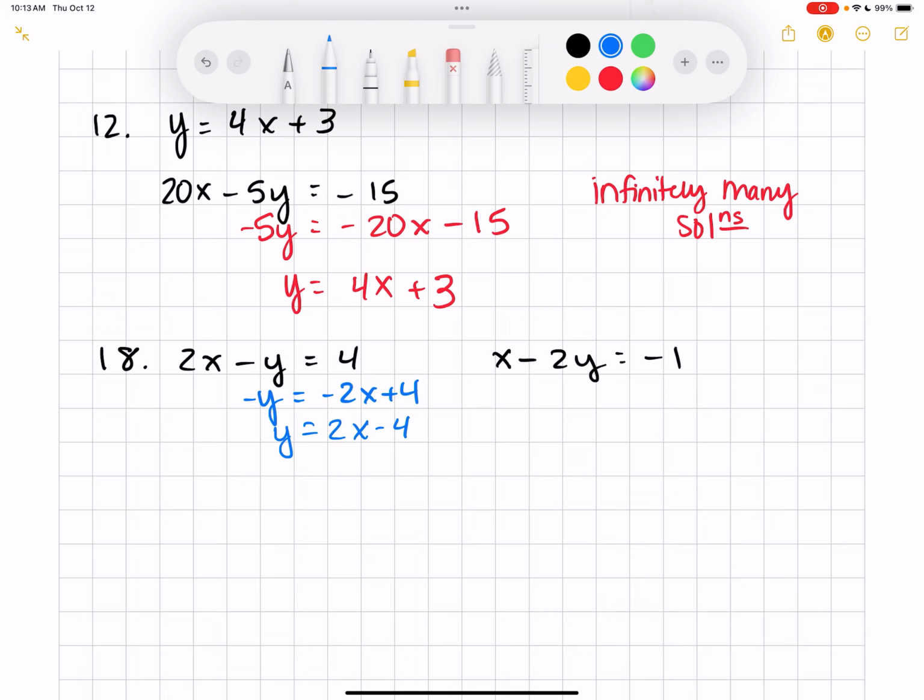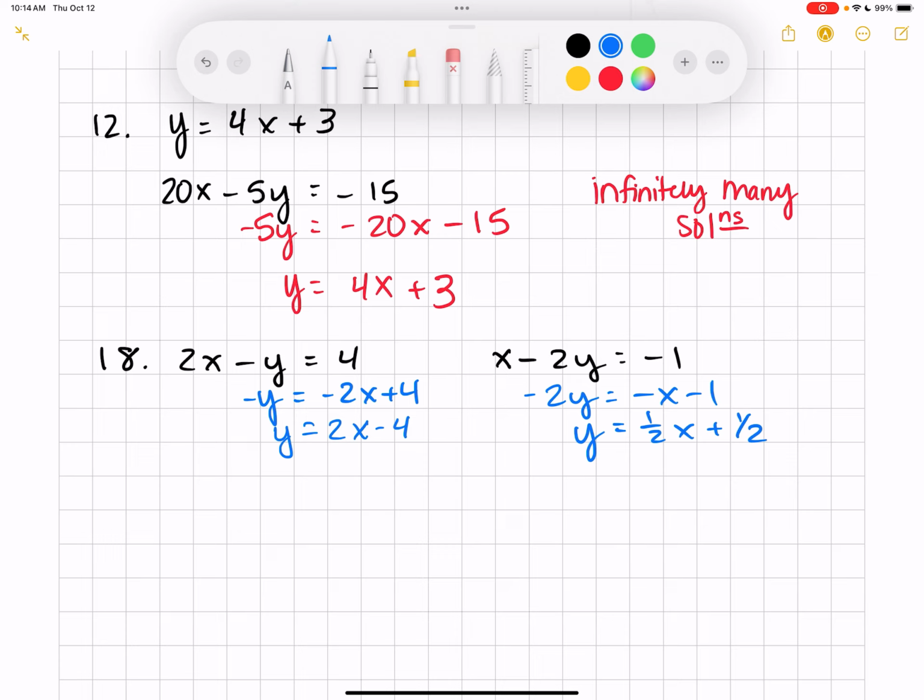And then on the other one, negative 2y equals negative x minus 1. Y equals 1/2 x plus 1/2. So these lines aren't the same line, and they don't have the same slope, so they can't be parallel lines.